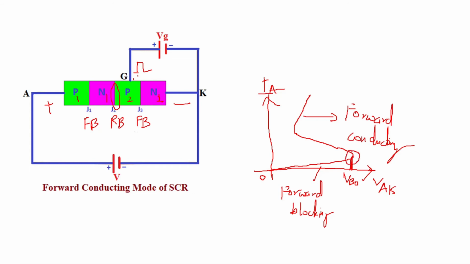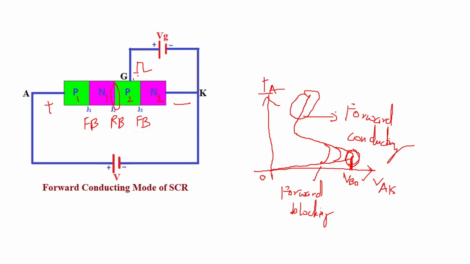If you apply the gate pulse early, this voltage will be reached early. If you apply the gate pulse a little more early, it will be here. That is where the firing or triggering of the SCR comes into the picture. And this is the area where you have the forward conducting mode of the SCR.